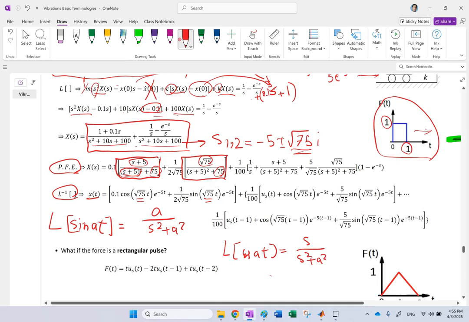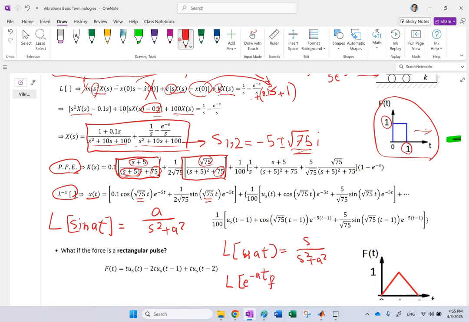So you need to use another thing from Laplace transform, and that was Laplace of e to the negative at f of t is f of s plus a, correct? Or in this case, s minus, yeah. If it's positive, negative a, then it is going to be like this.